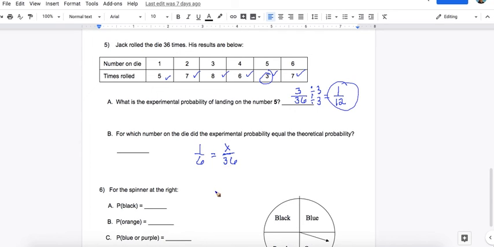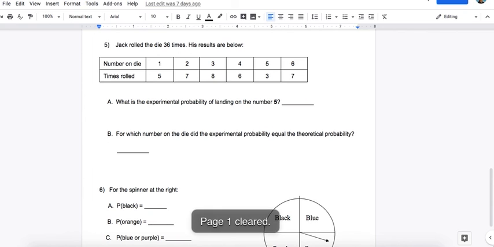So 6 times what is 36? 6. So 1 times 6 is 6. Okay, and I'm not going to show you how to solve this proportion. I already showed you earlier in the video how to solve a proportion. So I'm looking for one that landed 6 times. So let's look. Looking for a 6. There it is. What number is that? That is the number 4. So that was another pretty tricky one.